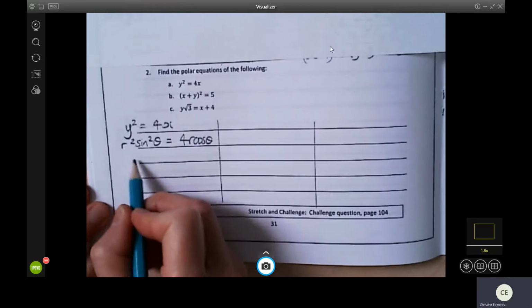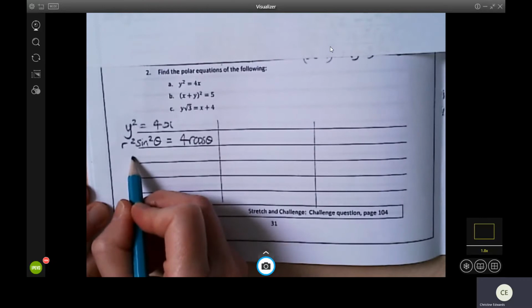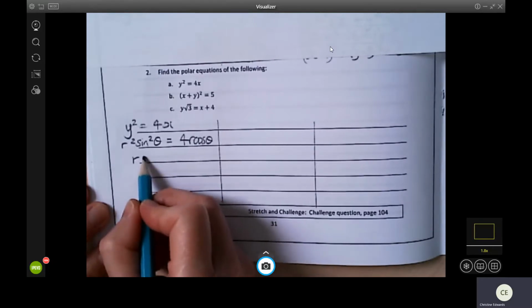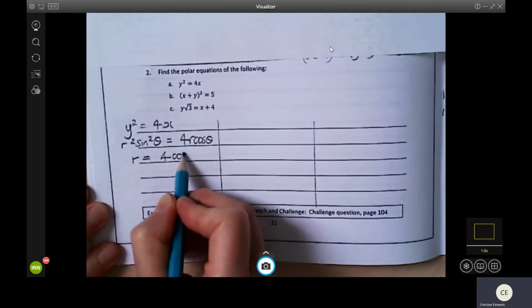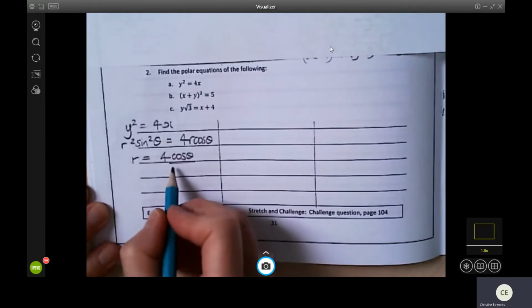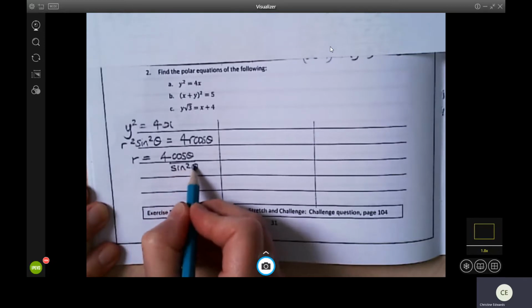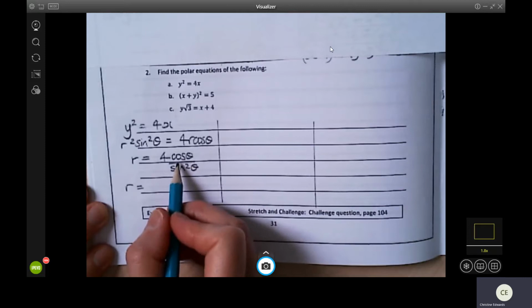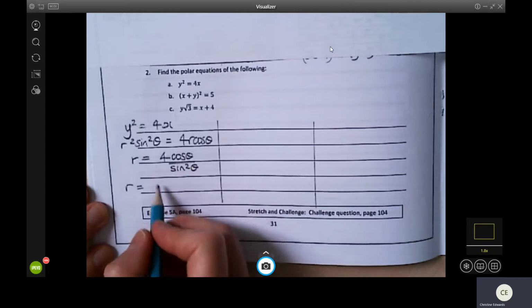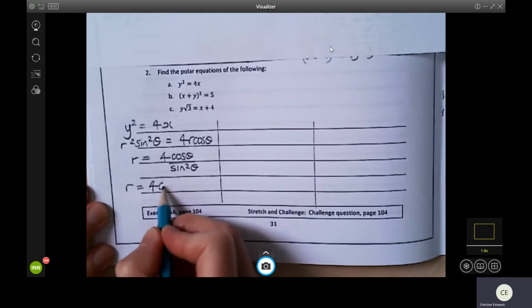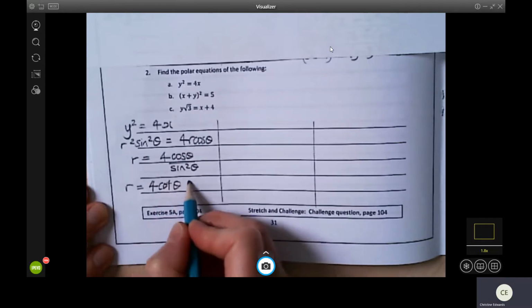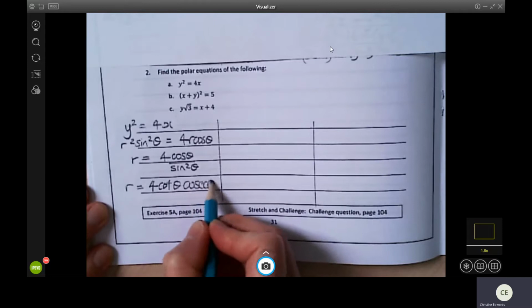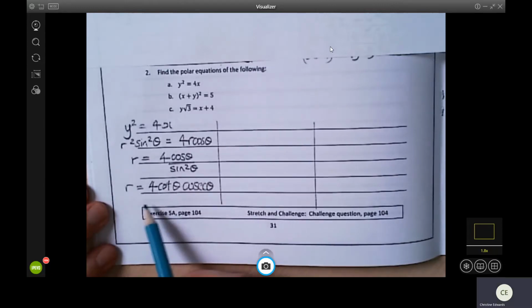So I can divide through by r and also the sine squared, actually. So r equals 4 cos theta over sine squared theta. Thinking about splitting this into two trig functions, I get 4 times cot theta cosec theta. And that's the polar equation for A.